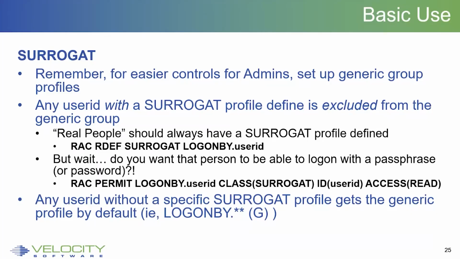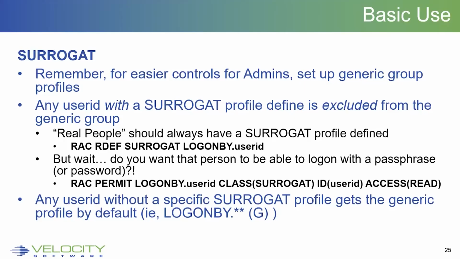And that just simply locks out the generic profile access from being able to log on by their user ID. So it protects real people user IDs from being able to be logged on by default.